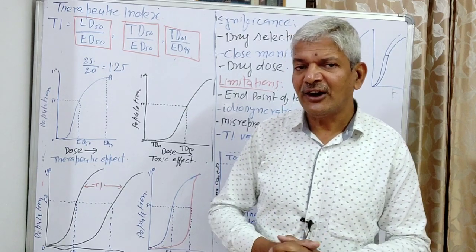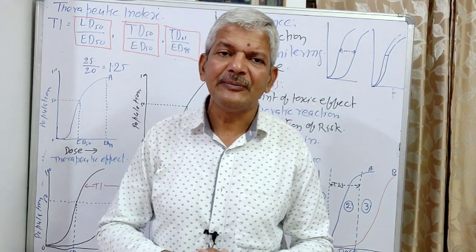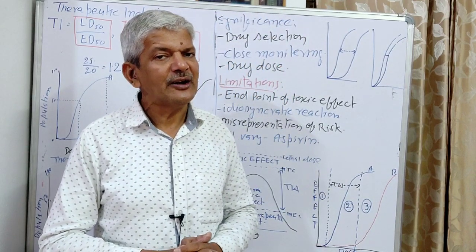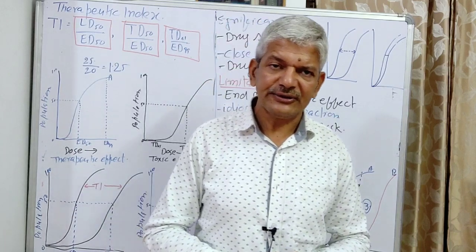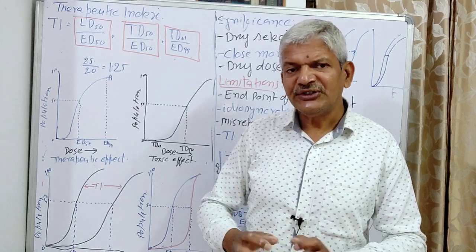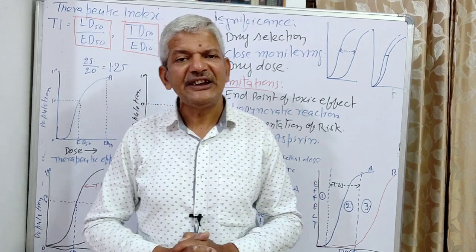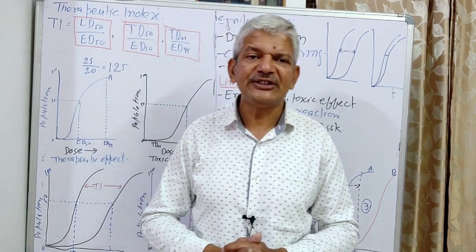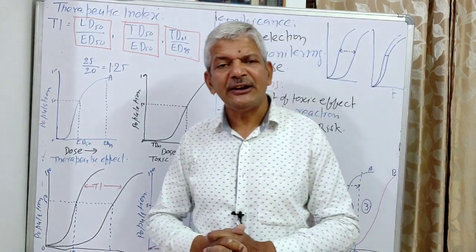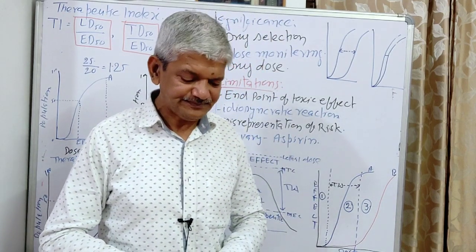TD50 stands for median toxic dose, meaning the dose that produces toxicity in 50% of the population. Next is ED99, the dose that produces therapeutic effect in 99% of the population. And last is TD01, the dose that produces toxic effect in 1% of the population.